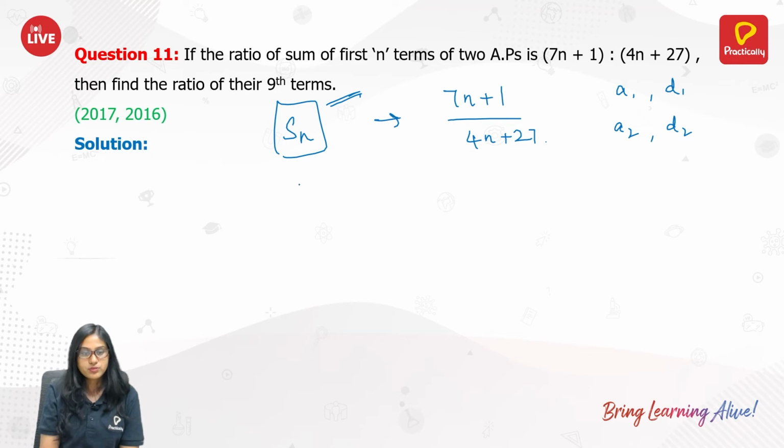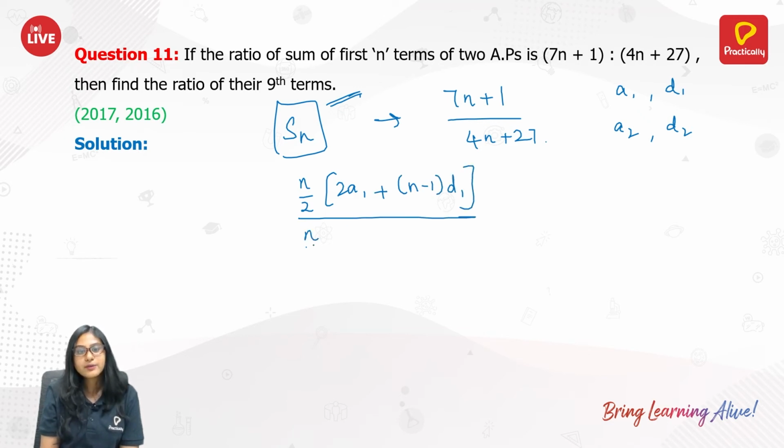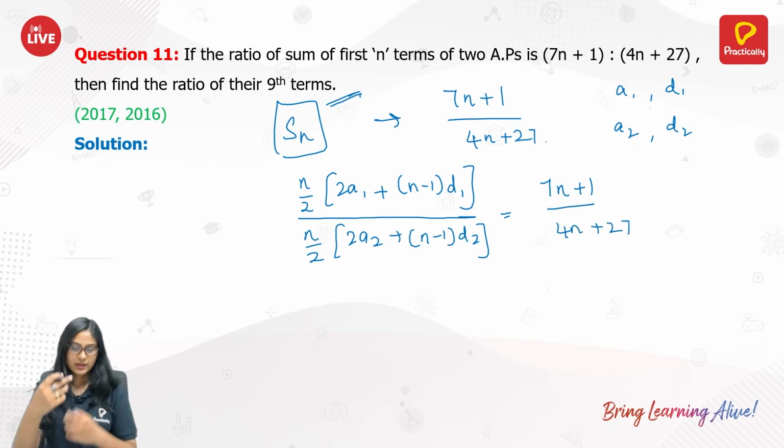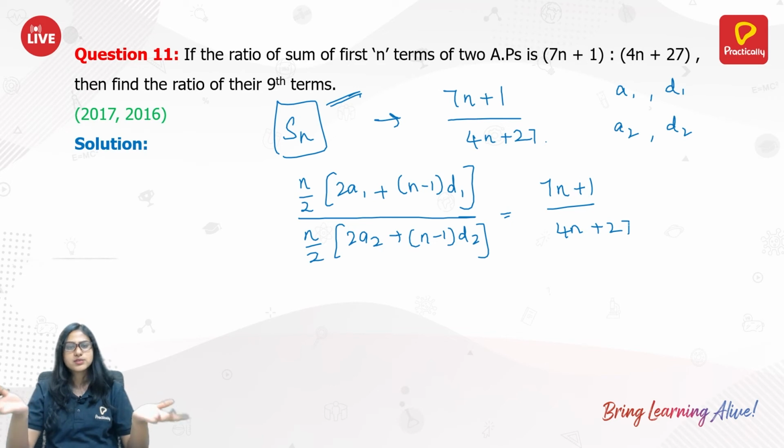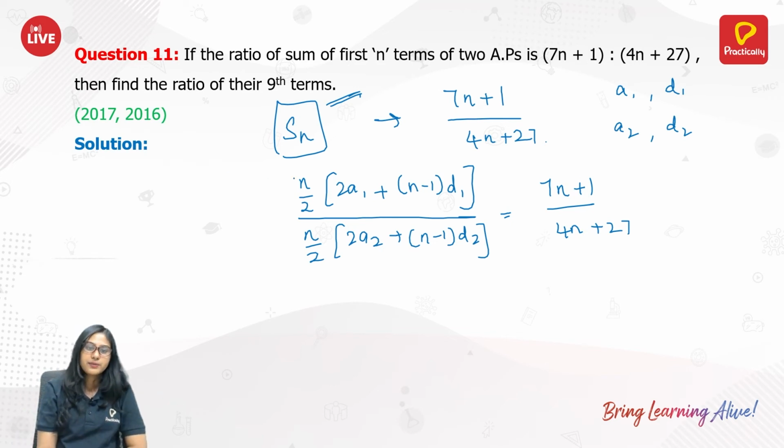Now, n by 2 of 2A1 plus n minus 1 into D1 by n by 2 of 2A2 plus n minus 1 into D2 equals 7n plus 1 by 4n plus 27. What have I written? I have just written that the ratio of sums is this much. Correct? N by 2 I can strike off.